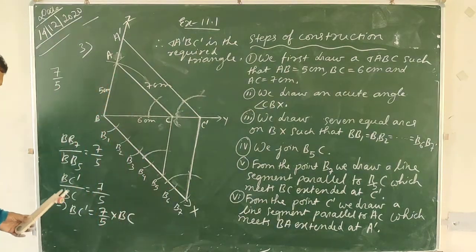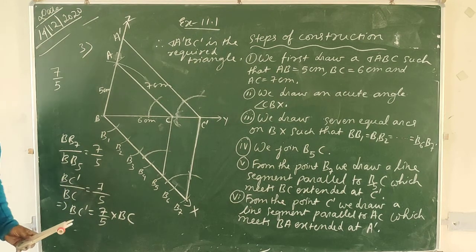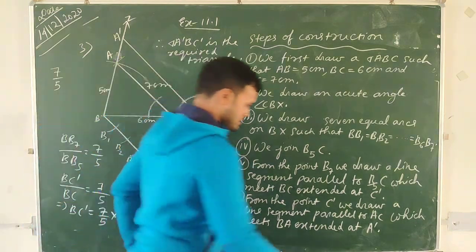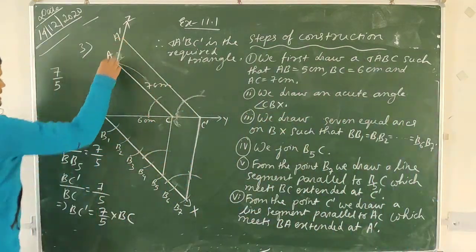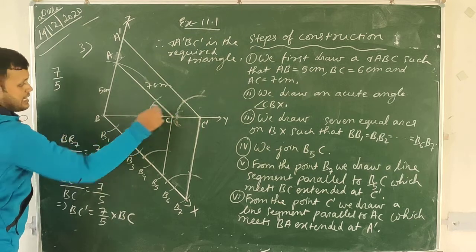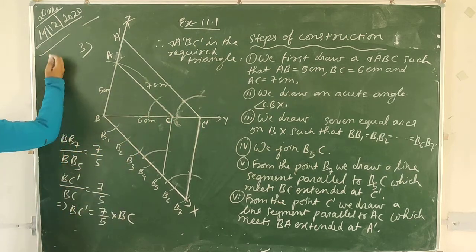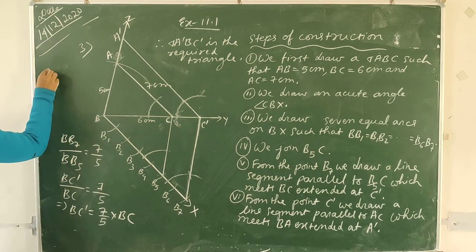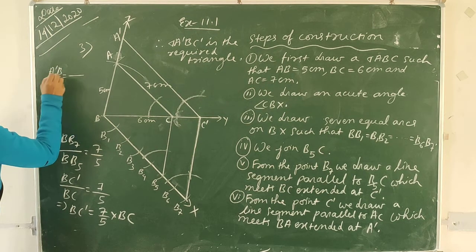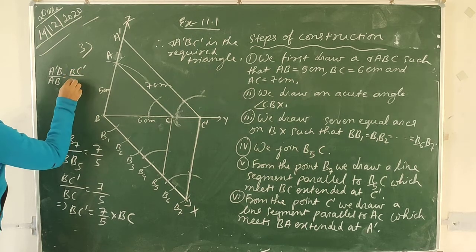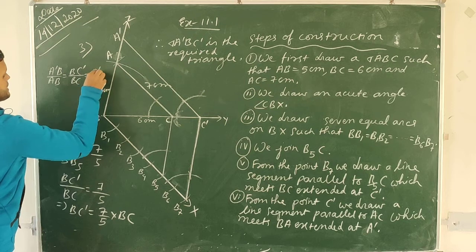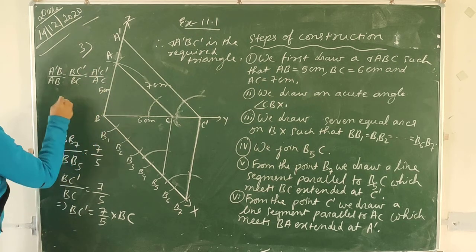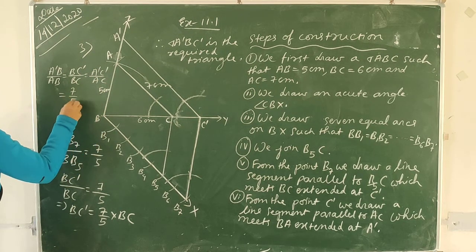Because you see, for BC dash and BC and all the other sides, the ratio will also be equal, because A dash B C dash and ABC are also similar triangles. So I can easily write here A dash B by AB is equal to B C dash by BC is equal to A dash C dash by AC is equal to 7 by 5.